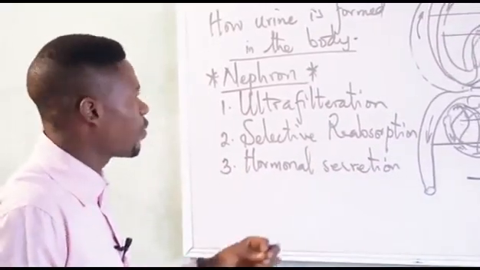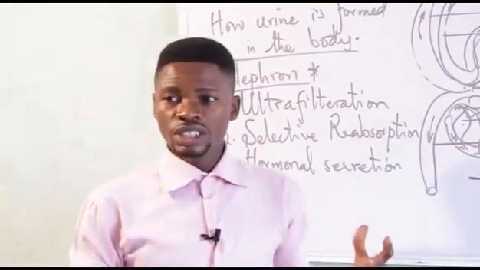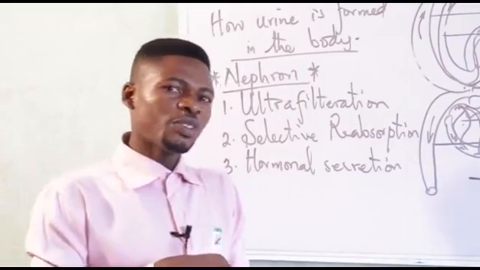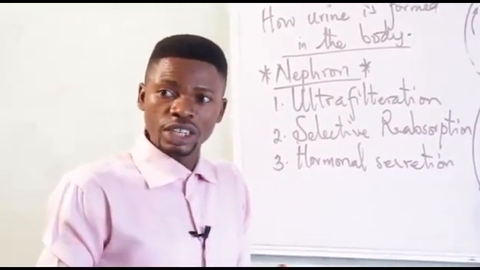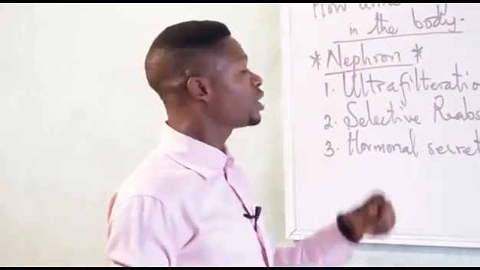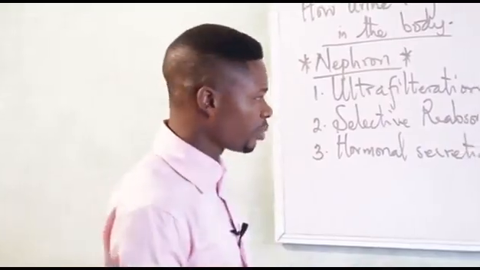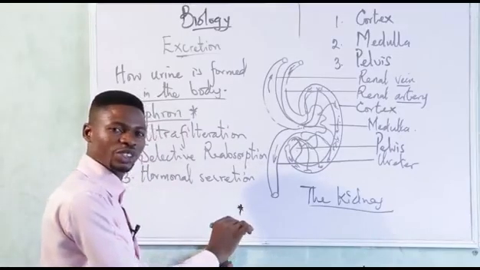Now, how does the nephron that is present in the kidney do this work? It is also important for me to tell you, scholars, that there are actually 2 types of nephron. You can just hide this somewhere in your notes.